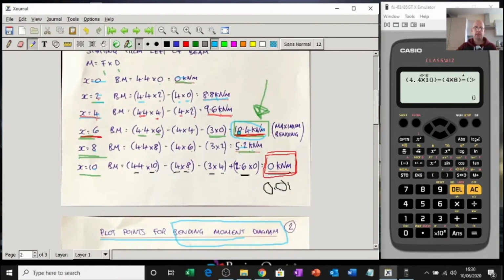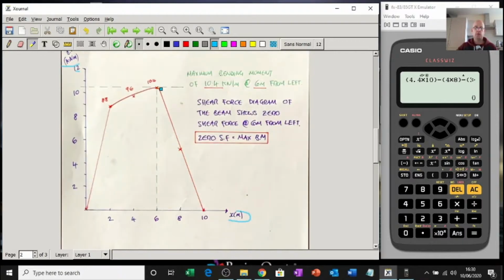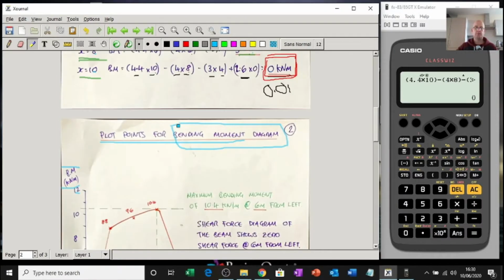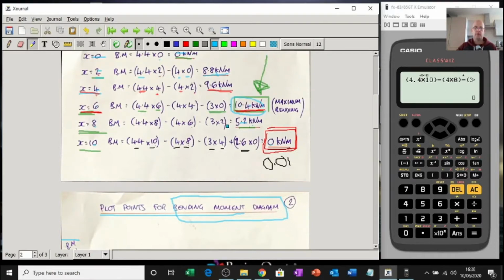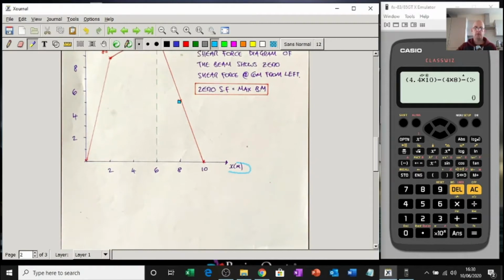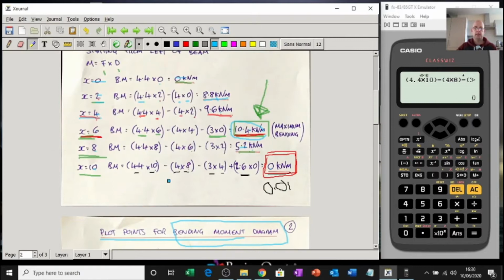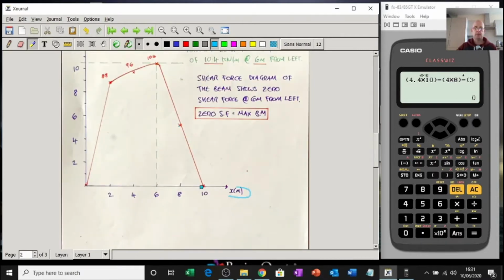X equals 6 is 10.4, 6 and 10.4. Hopefully this is the top of the curve, which it is. 5.2 is x equals 8, so it's coming down, fairly straight coming down now, and then 10 is 0. Thank you very much. Bang. So there's all the points plotted.